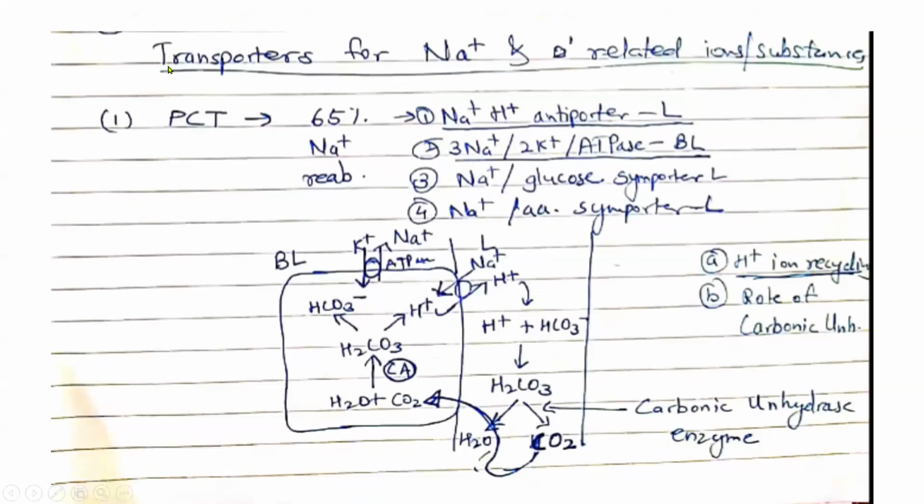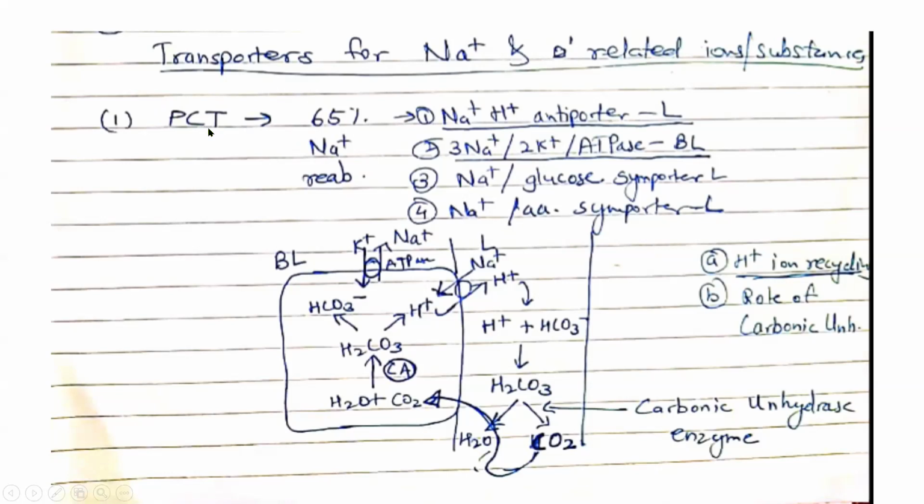So we are now talking about transporters for sodium and related ions and substances. Henceforth, we will discuss each part of the nephron, how much sodium is reabsorbed in that part, and which are the various transporters. First, of course, we will start with the PCT, the proximal convoluted tubule.